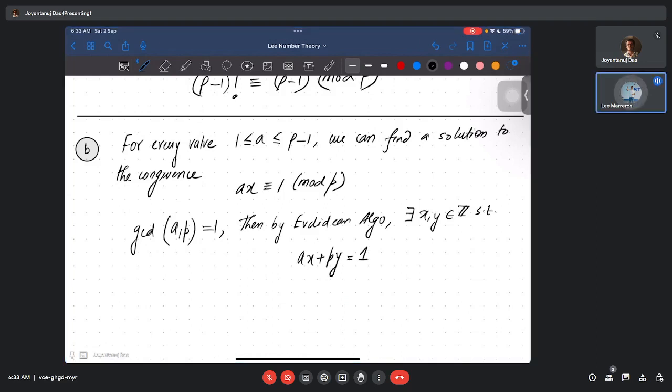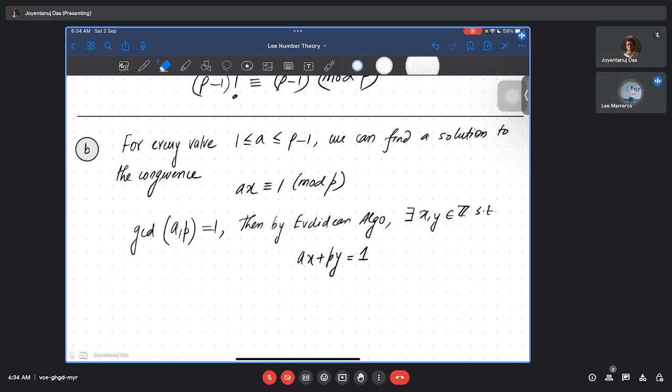That x is different from the x in the congruence, though eventually it will be the same. For now, let us use other variables: there exist c and d such that ac plus pd equals 1.